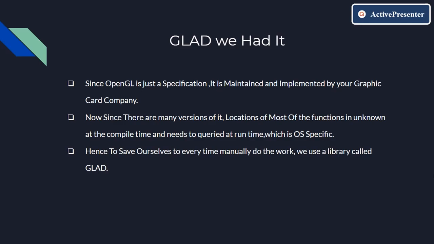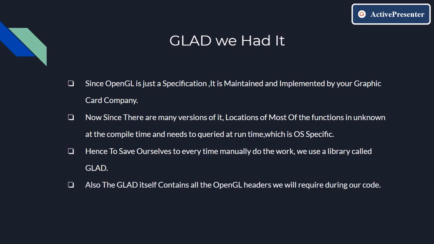Remember, this GLAD header itself contains all the OpenGL headers that we will generally need in an OpenGL program. So in actual coding, we only have to include GLFW and GLAD and other necessary C++ files in our headers.